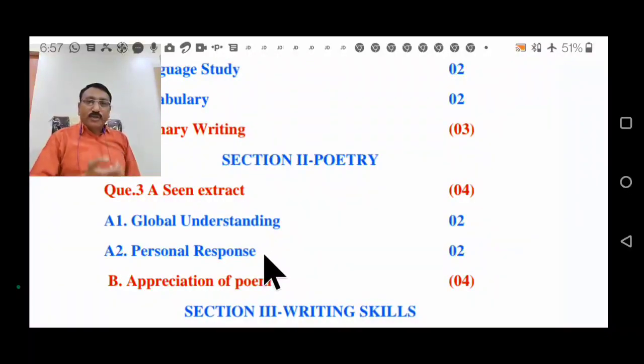The third point the students may follow here in the appreciation of the poem is poetic devices. What the students need to write in this point is that the students have already studied the poem in the classroom, and the teacher has pointed out a number of figures of speech the poet has used in the poem.